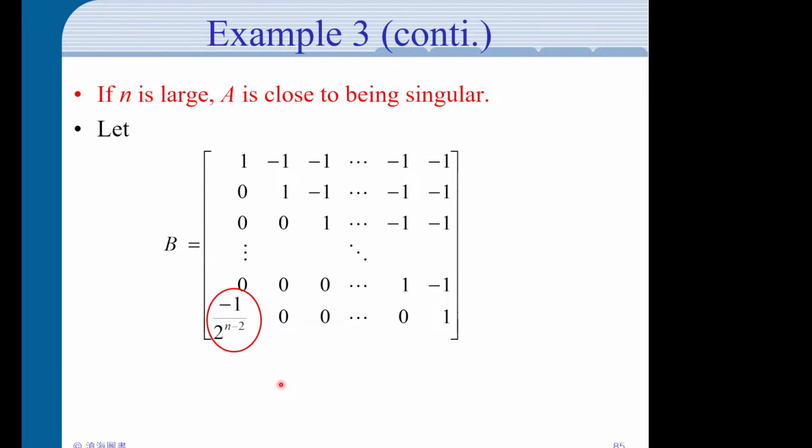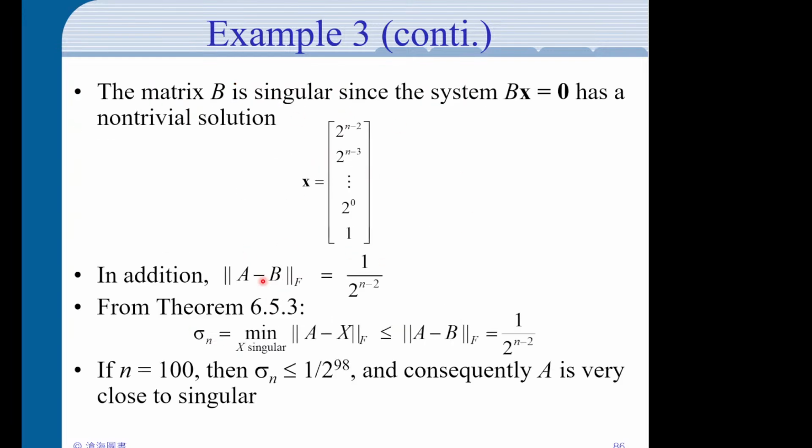Because you can change A a little bit. If you just add this very small factor, -1 over 2 to the n-2, which is an exponentially small factor where n is the dimension, we can show that B is a singular matrix.